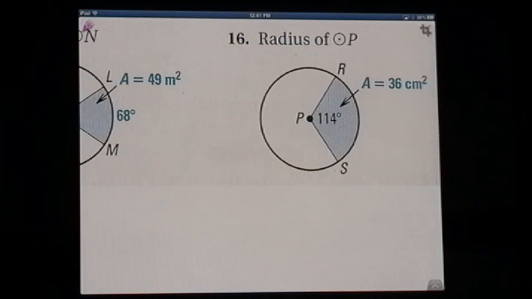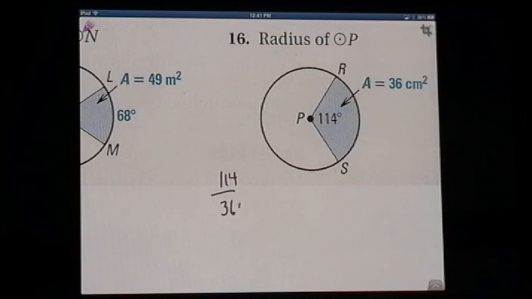And this particular problem works well for some people using the formula. And that would be 114 divided by 360 times pi r squared is equal to the sector. If I'm not mistaken, that's how they write it. Okay, and that helps you find r more easily.